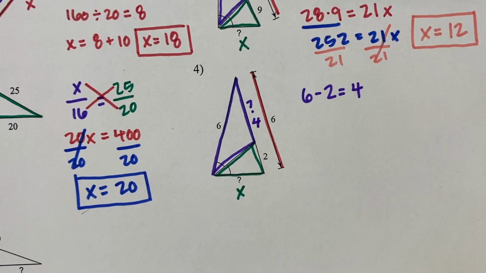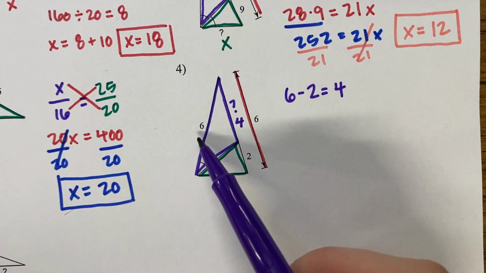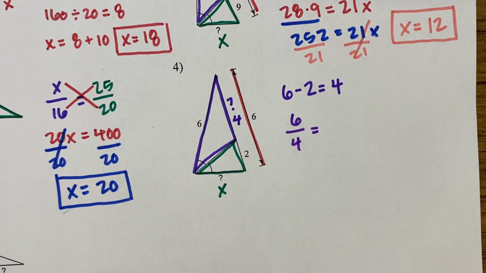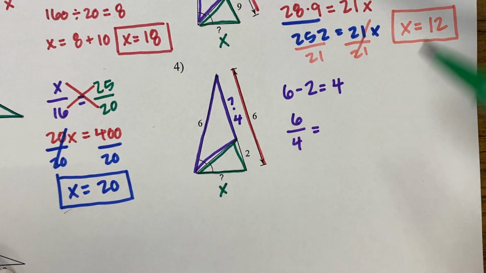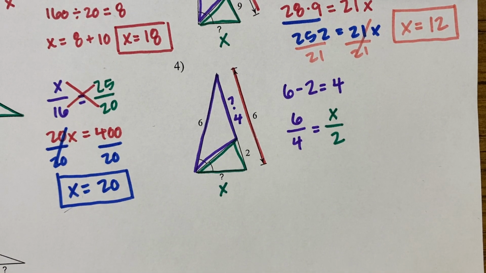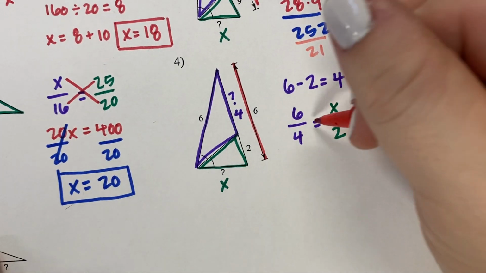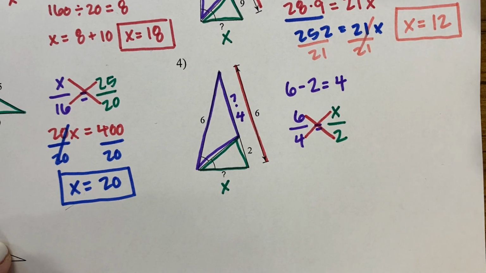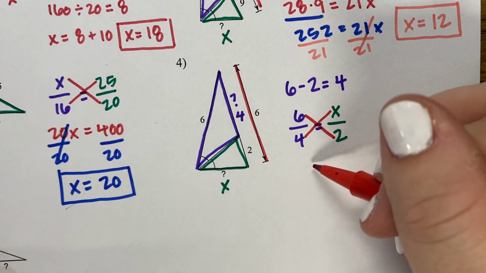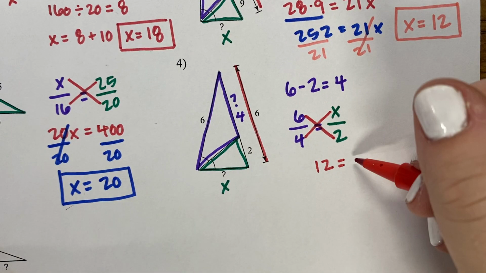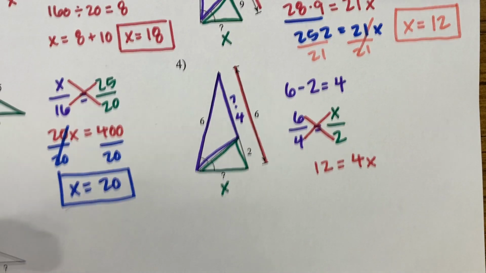Okay, well now I can set up my proportion. I'm going to go left over right. 6 over 4 is equal to, again, left over right, x over 2. Now I can cross multiply. 6 times 2 is equal to 4 times x. So we have 6 times 2, which is 12, is equal to 4 times x, which is just 4x.